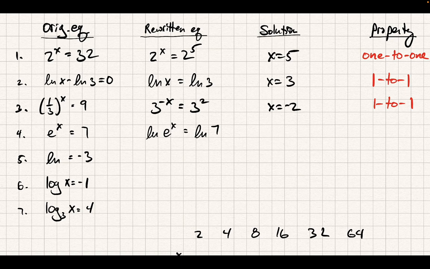What is it, Max? The ln e cancels out, so x equals ln 7.